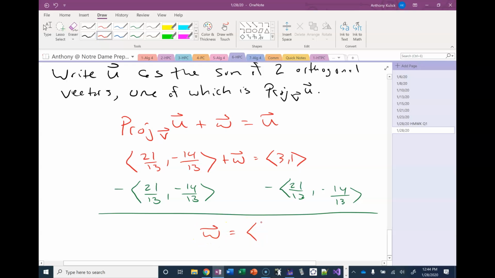So when we make common denominators and combine like terms, we get 18 over 13 and 27 over 13.